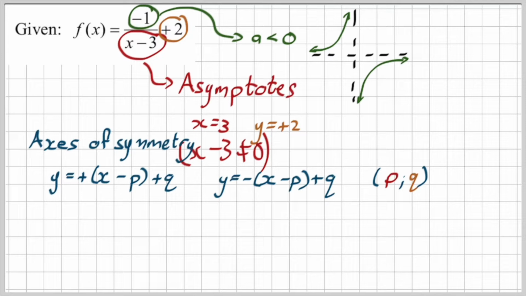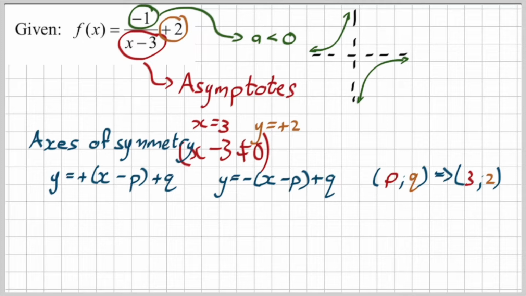What is p, q again? Remember, that is your asymptotes. That's why I colored it in the same colors as your asymptotes: red for the vertical and orange for the horizontal. So in this case, p, q is 3, 2. So p is 3 and q is 2.